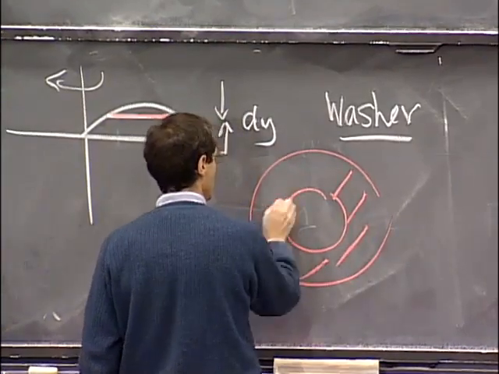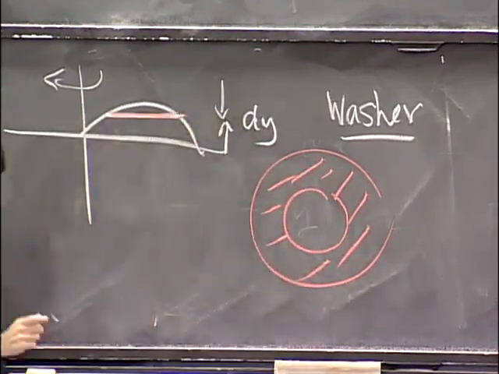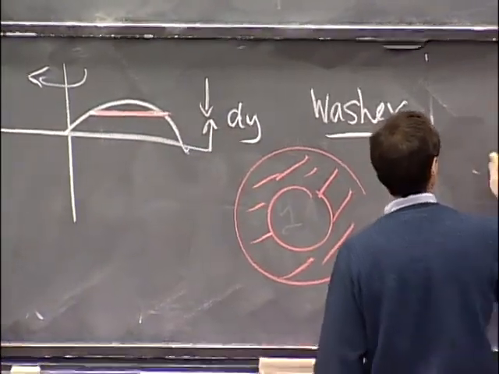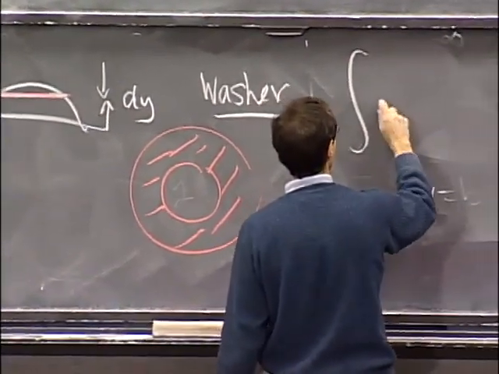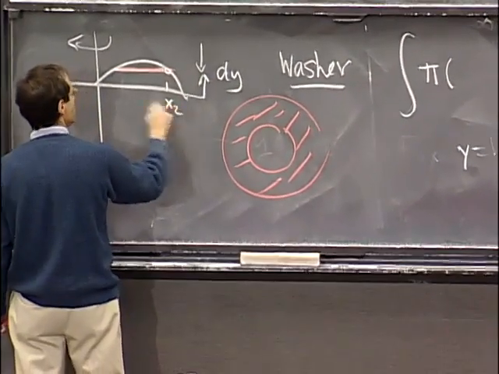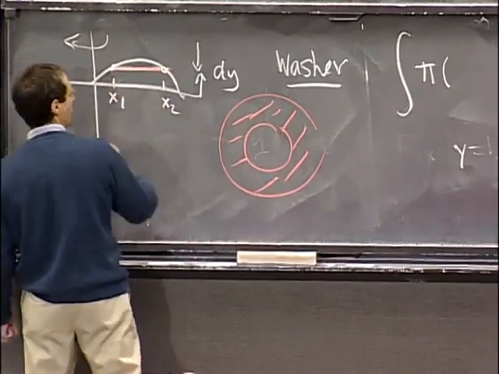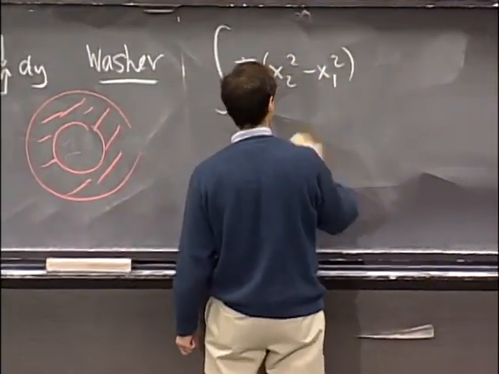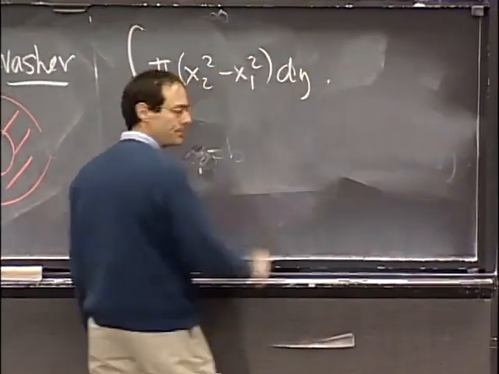And it looks like this. So it's going to be the difference of radii. So what's the formula for this? It's some integral of pi times the right end, which I'll call x2, and here the left end, which I'll call x1. So this is pi x2 squared minus x1 squared dy.